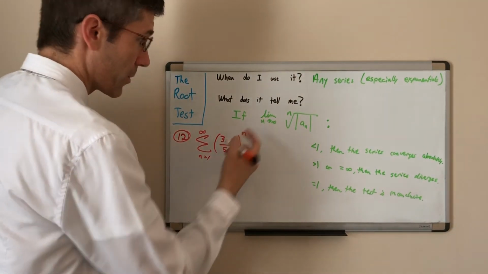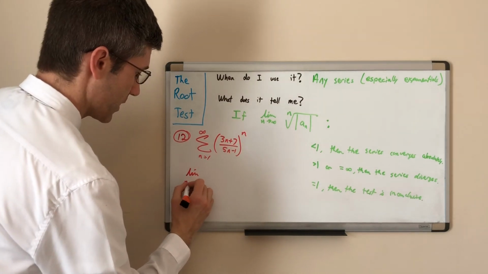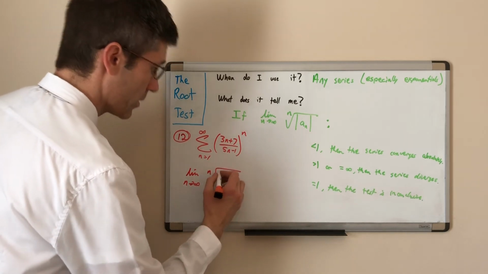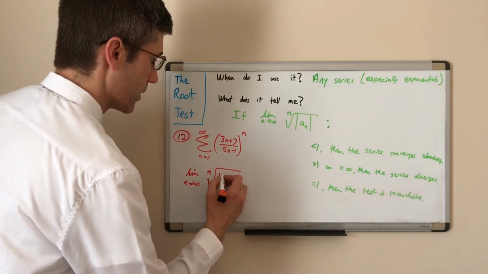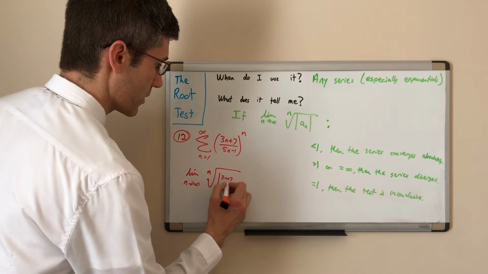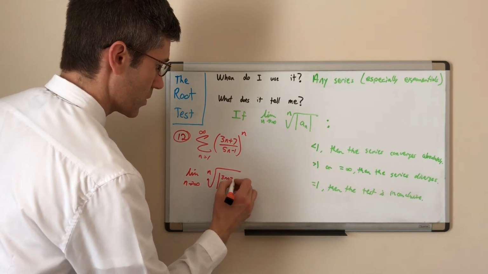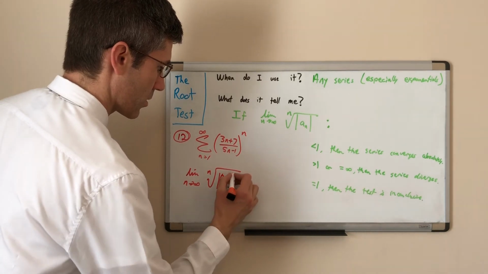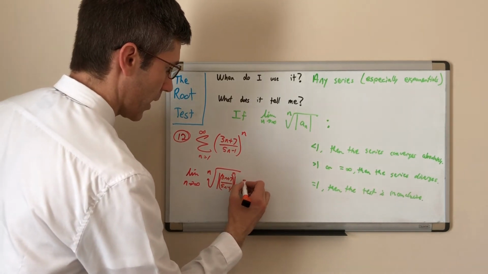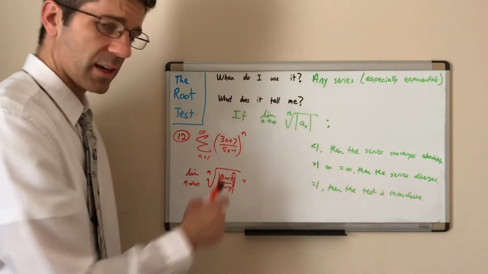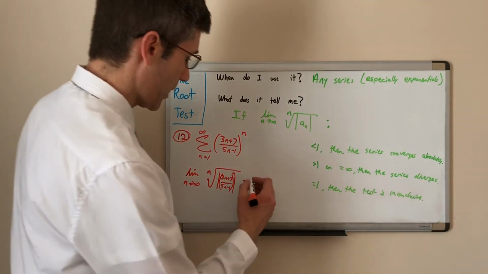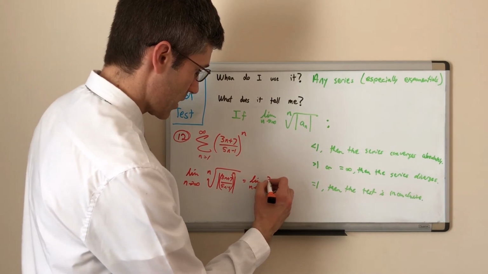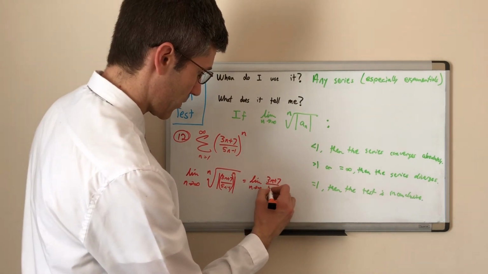So let's do it. I'm going to take the limit as n approaches infinity of the nth root of the absolute value of 3n plus 7 over 5n minus 1, and that's all to the nth power. When I do that, the nth root and the n power cancel each other out, and I'm left with the limit as n approaches infinity of 3n plus 7 over 5n minus 1.